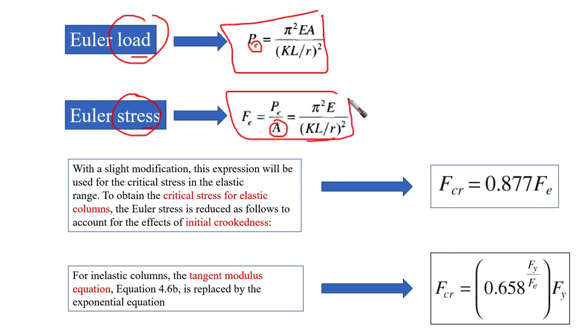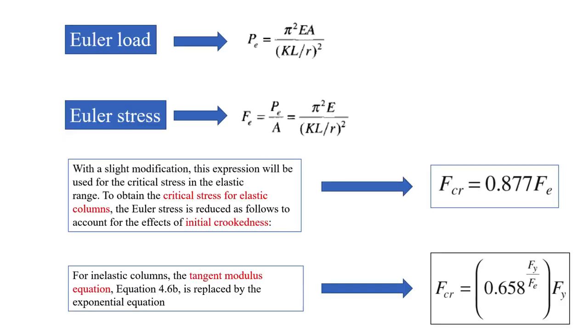We found that with a slight modification, this expression will be used for critical stress in the elastic range. If you remember, we have something like this, one part like this, another part like this.